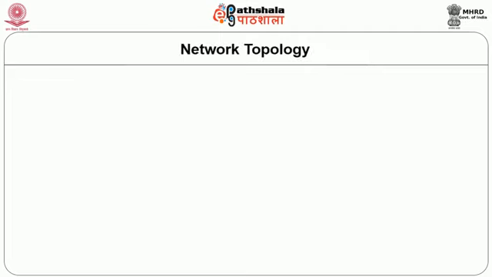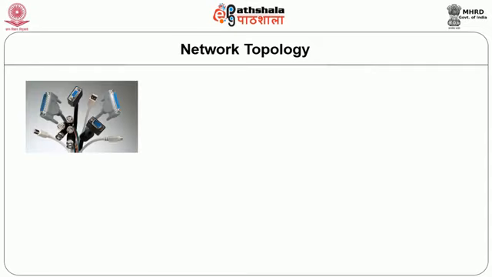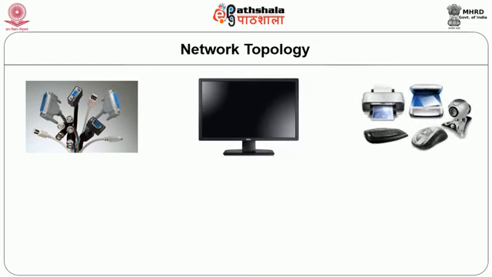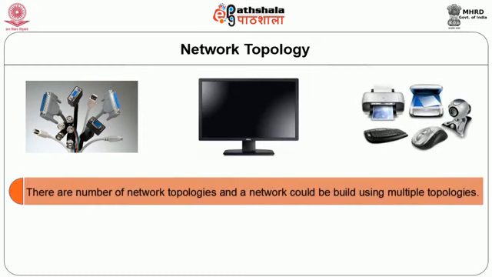Now let us look into the network topology. The network topology defines the relative configuration of different pieces of network equipment like cables, computers, and other peripherals. There are a number of network topologies, and a network could be built using multiple topologies.